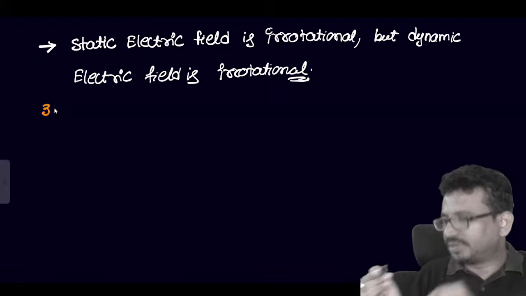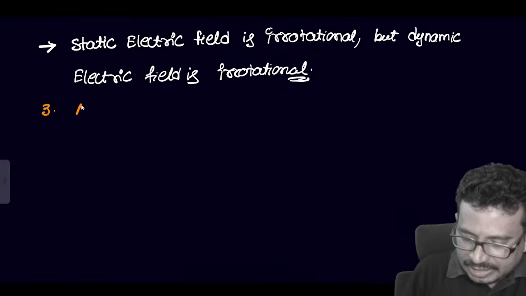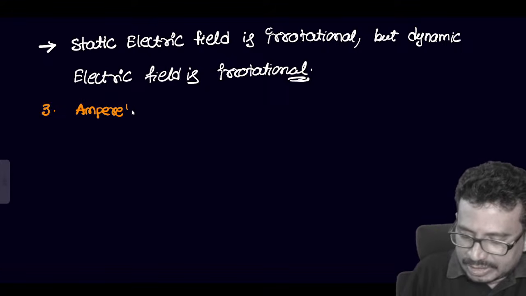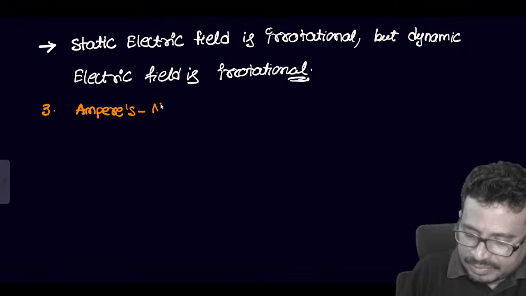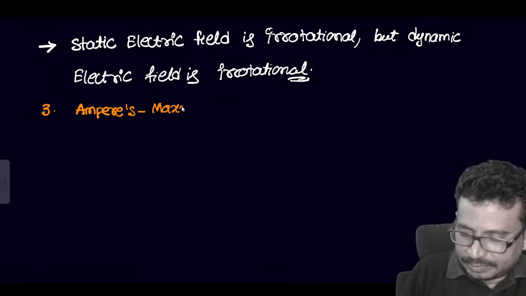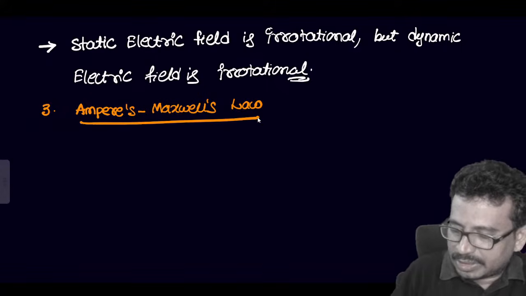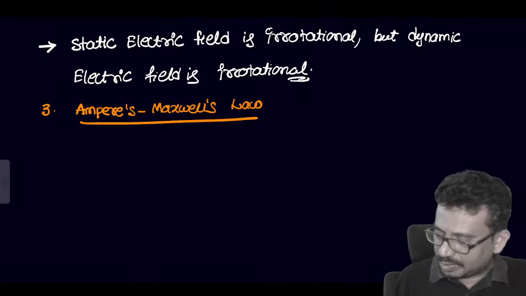The third thing we got from Ampere's law is called Ampere-Maxwell's law.